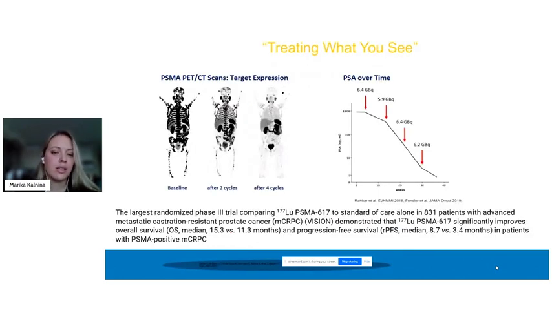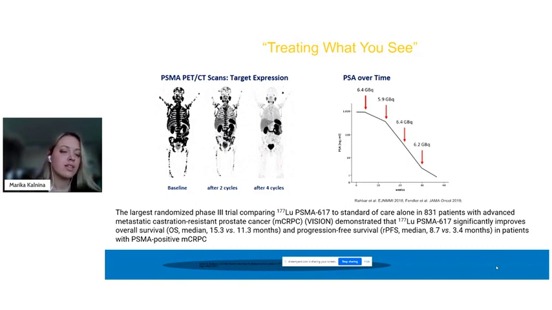There are some examples from Germany where we can see the baseline PSMA PET, and after 2 and 4 cycles, how the metastatic spread really changes and how the PSA drops. And actually, this is the direction we should go.